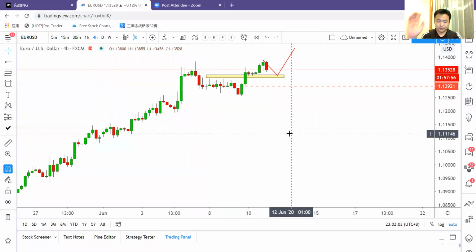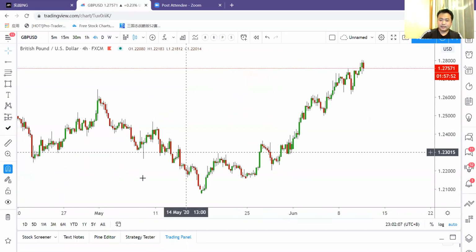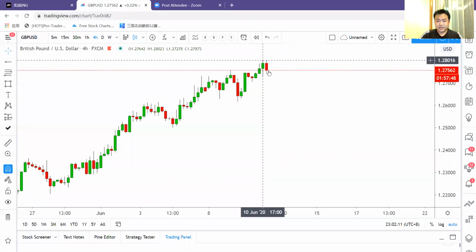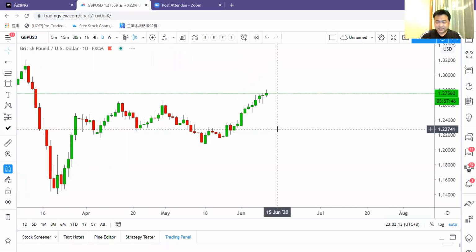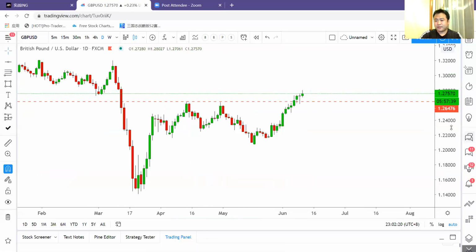Okay, good. Let's move on. Sterling dollar. Sterling is working the same as the euro, a bullish trend, and sterling just broke the daily resistance. This is a very good signal because after a very long time, sterling finally broke 1.2647.